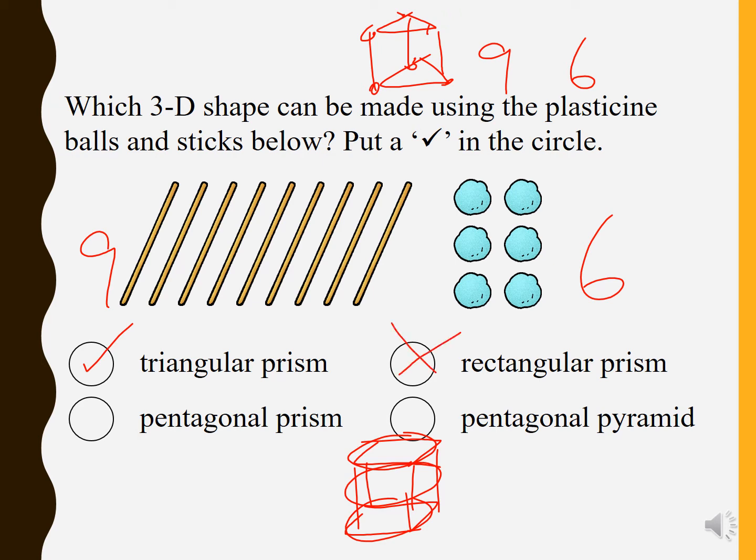What about pentagonal prism? We know that we need more sticks to make pentagonal prism than rectangular prism, so it must not be the answer. What about pentagonal pyramid? Pentagonal pyramid, the base is a pentagon, 5 sticks.